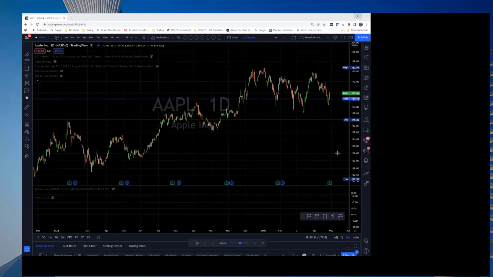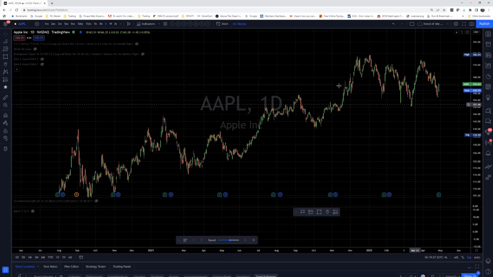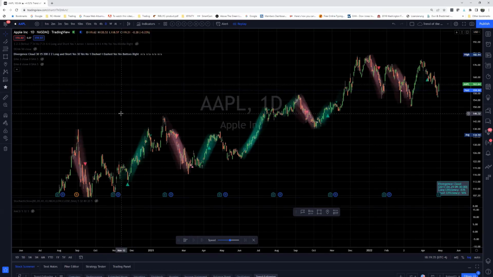Okay, perfect. Yeah, let's talk a little bit about the Divergence Cloud. It's actually pretty much, I would say by now, one of my favorite indicators because it works so well. Let's recap a few things.